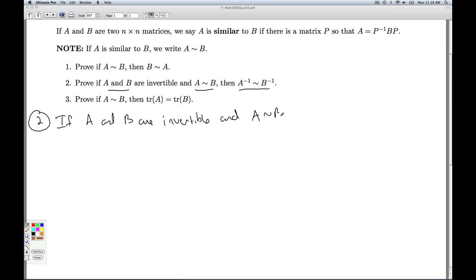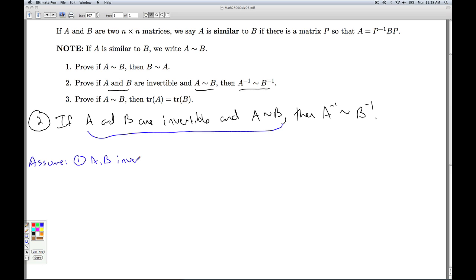So what's our little schematic here? We're going to do another direct proof. We're going to assume the if part. So we're assuming two things. One, A and B are invertible. And two, A is similar to B.